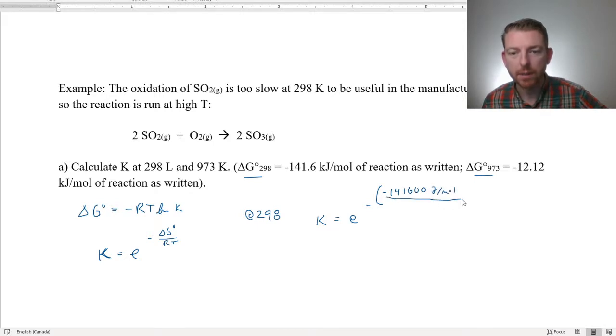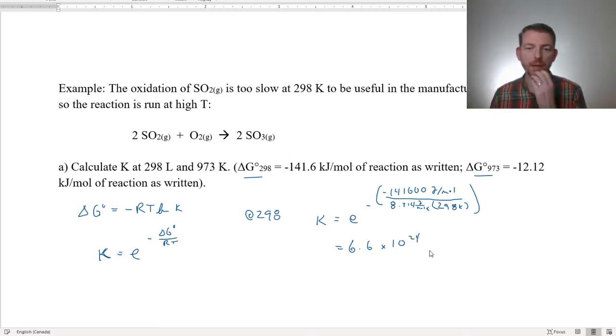And transform it into joules instead of keeping it in kilojoules, because again, you know that we're going to use 8.314 joules per mole Kelvin for our gas constant, and then the temperature is 298 Kelvin. Okay, and our K value here is 6.6 times 10 to the 24, an extremely high number.